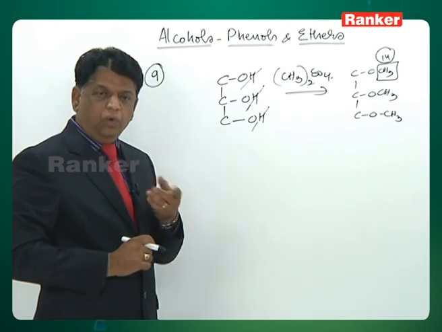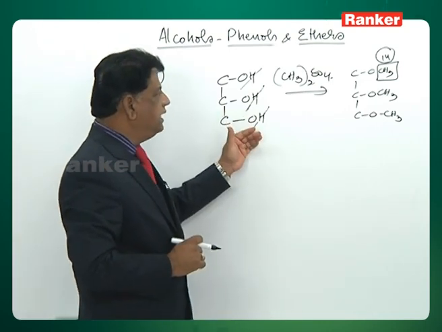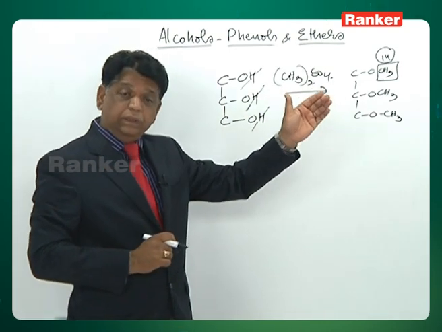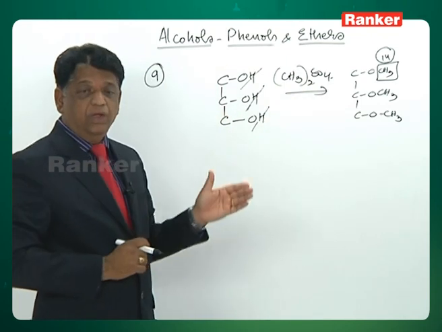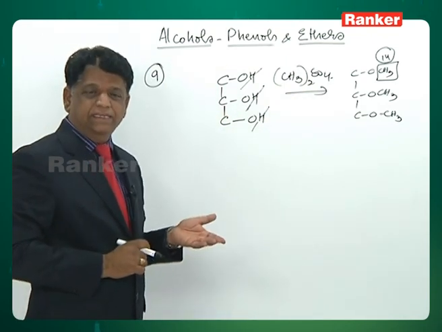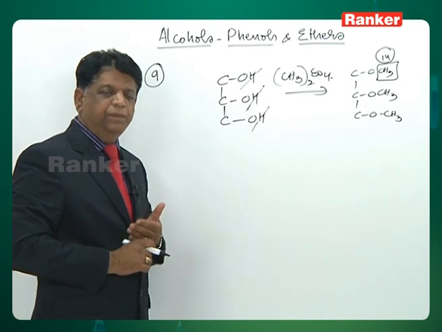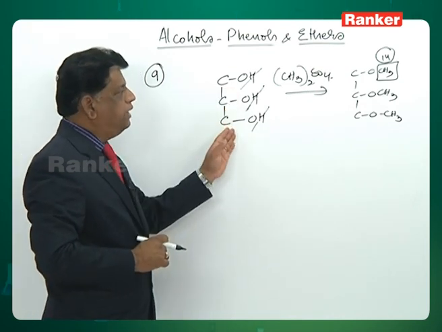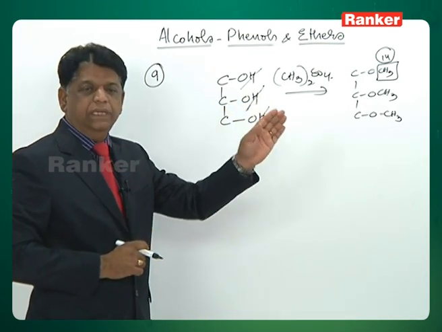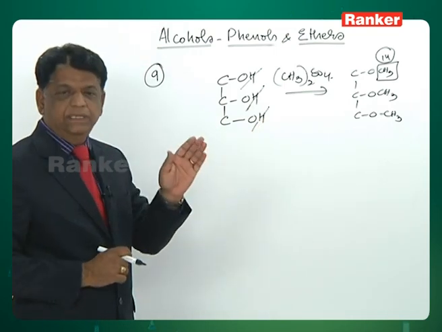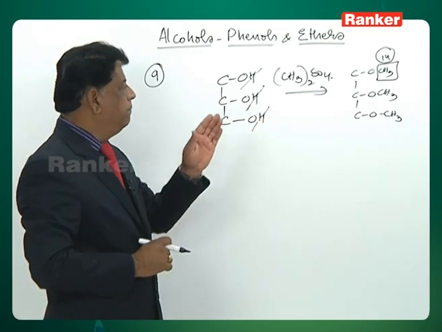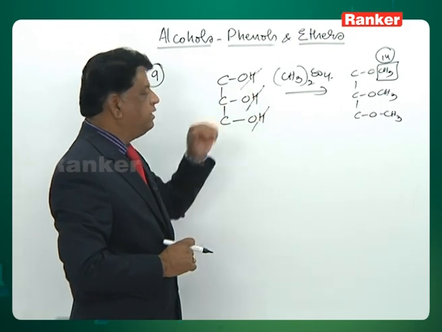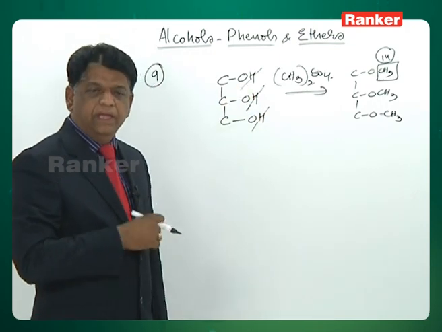But what group are you introducing? If it is acetylation, you will get OCOCH3; as we have just seen, 42 units will be increased. Even for option C, acetyl chloride also reacts and you will get OCOCH3. OCOCH3 is 43 units but 1 hydrogen less, therefore 42 units increased.